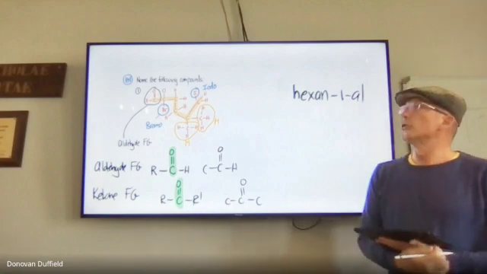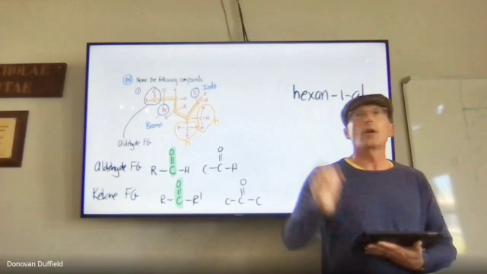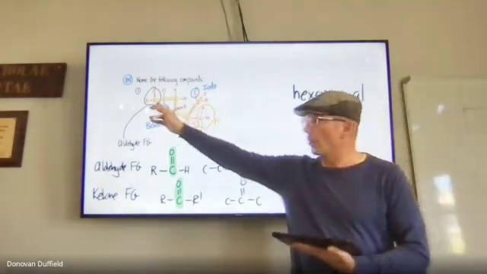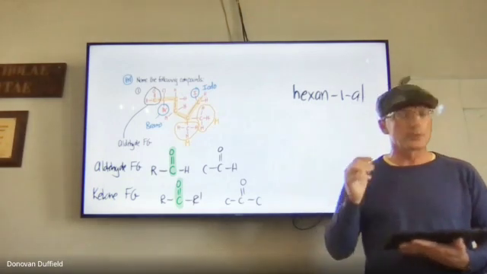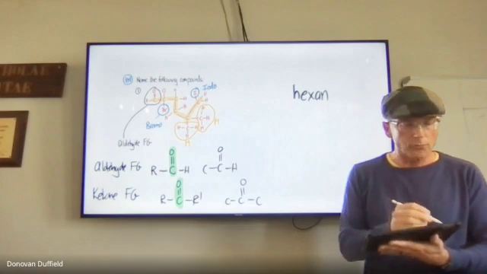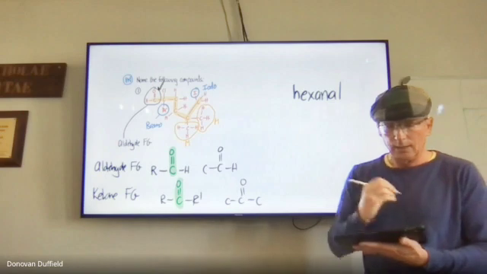Now, do we need to put the 1 in there? No, we don't, because by default, the first carbon is going to be the one where the aldehyde functional group is. It's not wrong, but it's also not necessary. So we've got hexanal.